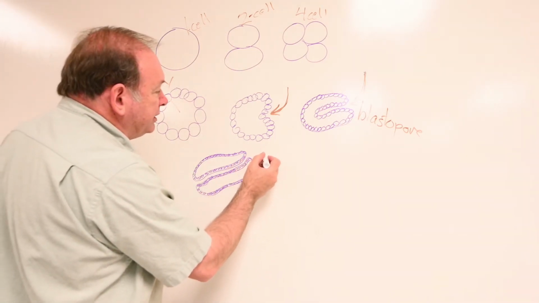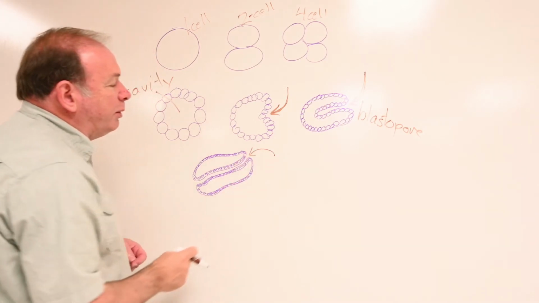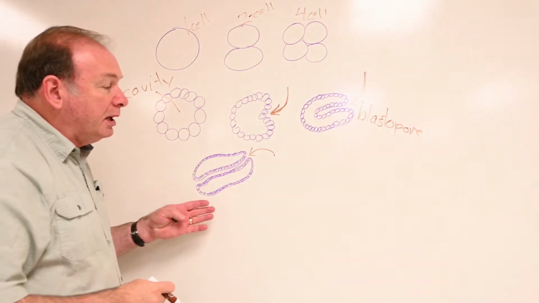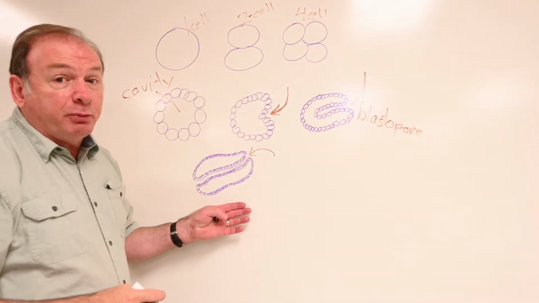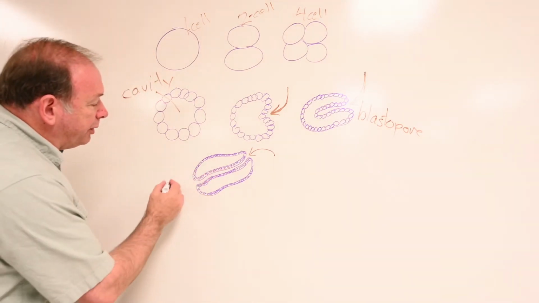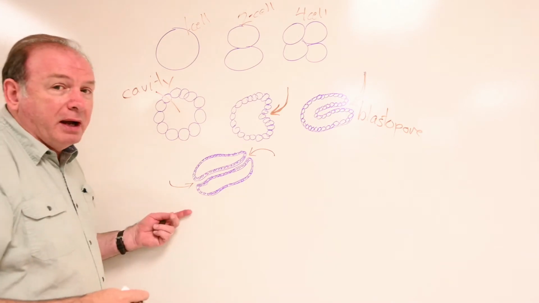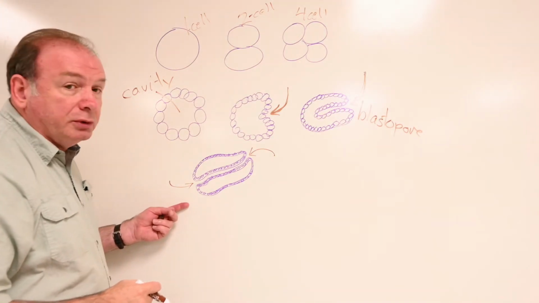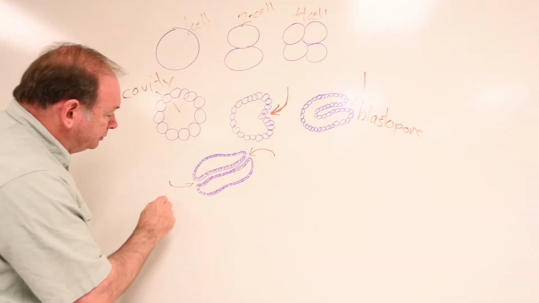But anyway, like we said, if this first opening that formed right here, that blastopore opening, if that's the mouth, then it's a protostome. If the other end over here, this opening over here, becomes the mouth, it's a deuterostome. Okay, so deuterostome.